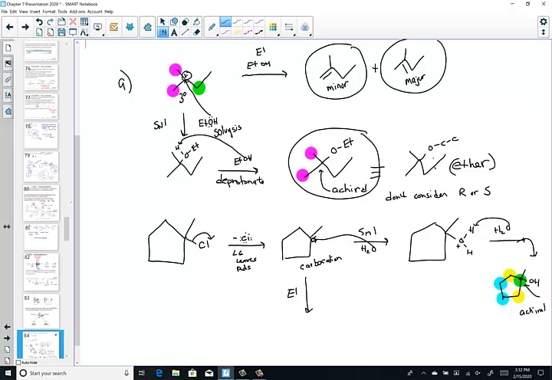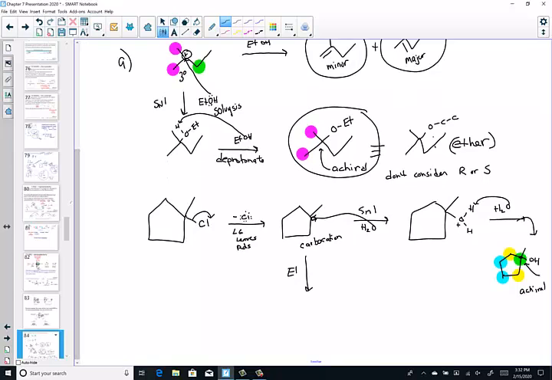How about the E1 mechanism? I had this tertiary carbocation. If now the water acts as a base, so SN1, it's a nucleophile, E1, it's a base. And that means it's going to go for any beta hydrogens. Locate the beta hydrogens.